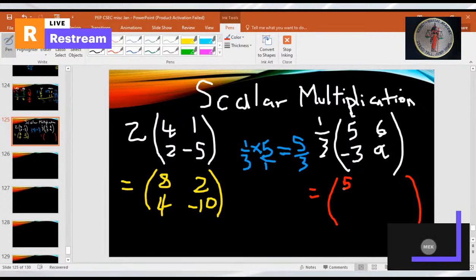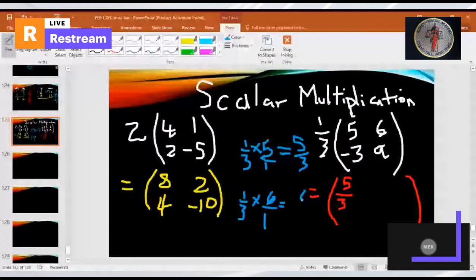Likewise, if we work 1/3 times the 6. So 1/3 times 6/1. 1 times 6 is 6, 3 times 1 is 3. And 6/3 is 2.